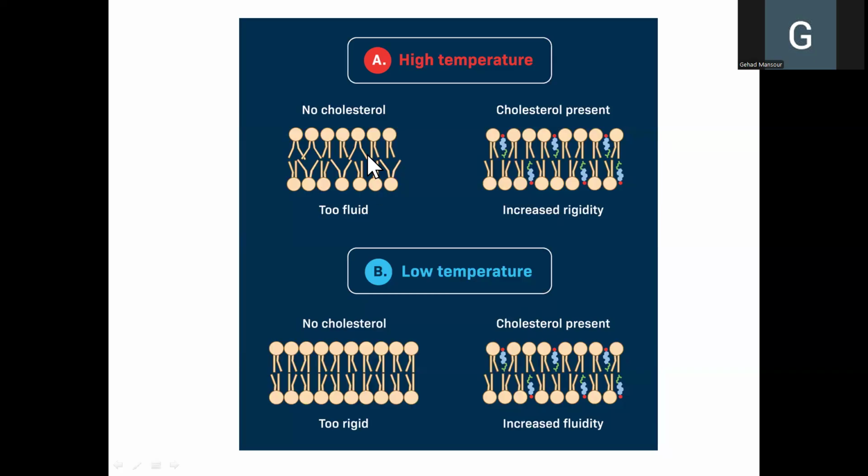In case of high temperatures, and we will see why later on, the unsaturated fatty acids that tend to be liquid increase, and the membrane starts to be very fluid, to the extent that if it is left like this, it would interfere with the function of the cell membrane.